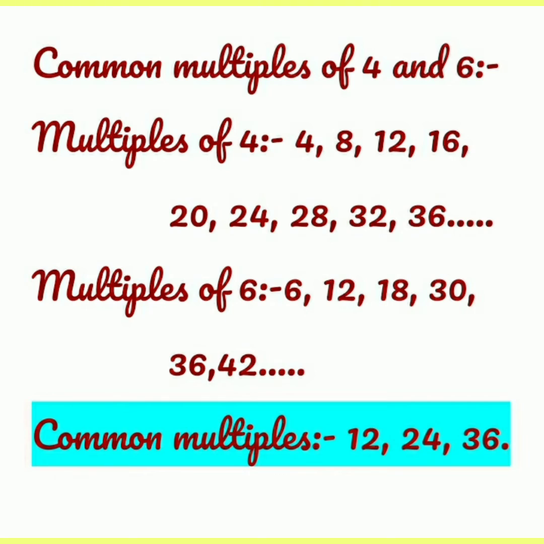And multiples of 6: 6, 12, 18, 24, 30, 36, and so on. Now, which are the common multiples? Common मैंने बोला ना, दोनों में आएगा वो common रहेगा. Common multiples are 12, 24, 36. 4 और 6 दोनों की लिस्ट में हमें ये common मिल रहे हैं 12, 24, 36. So we say they are common multiples of 4 and 6.